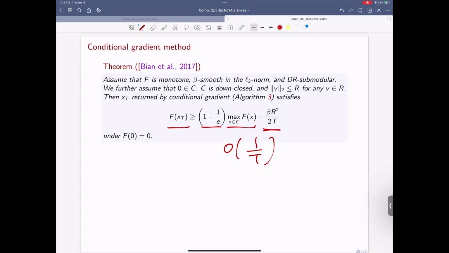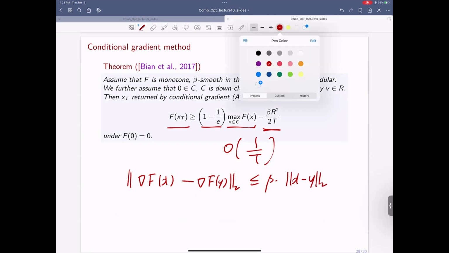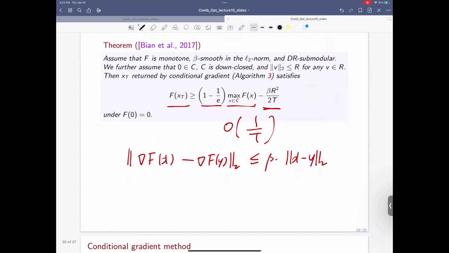Again, beta smoothness is: you take two vectors, x and y, and you measure their gradient difference, and you measure the gap. If x and y are close, then their gradients do not really change. So this is bounded above by beta times the L2 norm of x minus y. One example of a non-smooth function is the absolute value function.